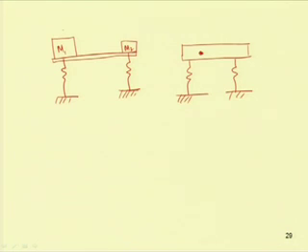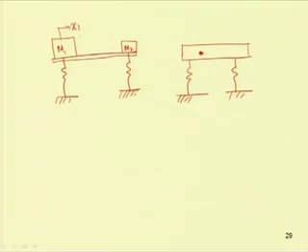One can use this physical coordinate system or one can use a generalized coordinate system. As this is a 2 degrees of freedom system, one can have the displacement x1 here, displacement x2 here, or one can represent this by displacement of this side and the rotation of this side also. So, one can represent this equation in terms of x1 and theta.